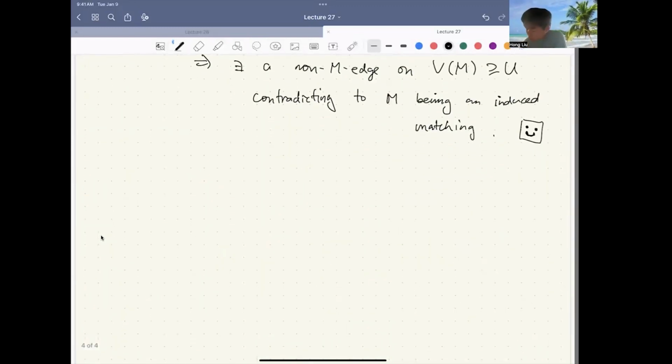Another application: the point-line incidence graph.